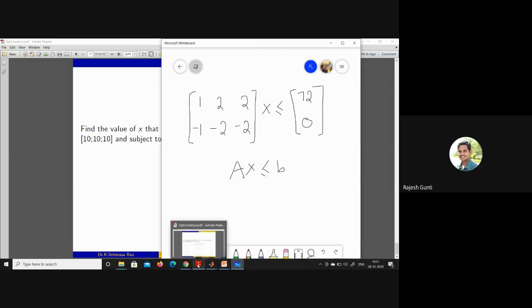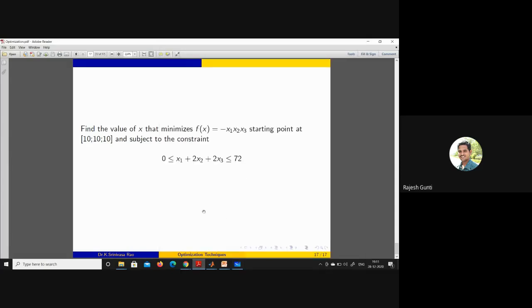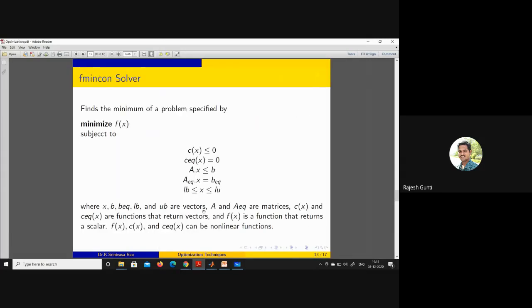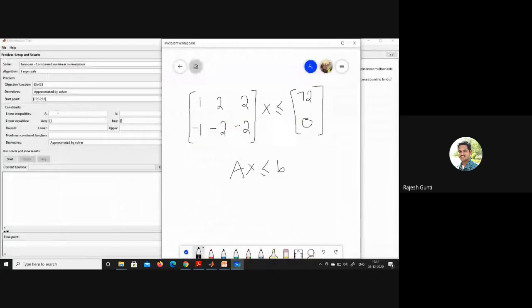What is this equation actually? It's Ax is less than or equal to b. This is the model. There is no other type of constraint here. Only this Ax less than or equal to b is present. Now, what is A?